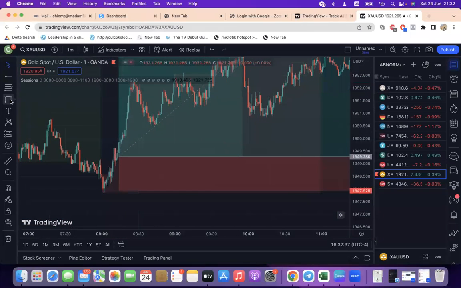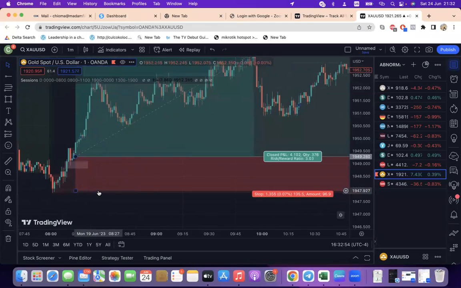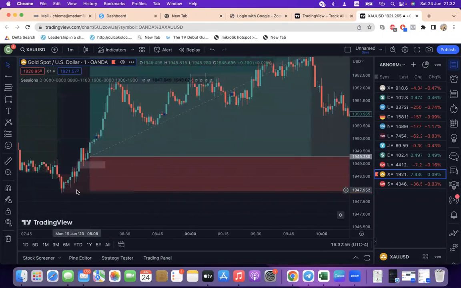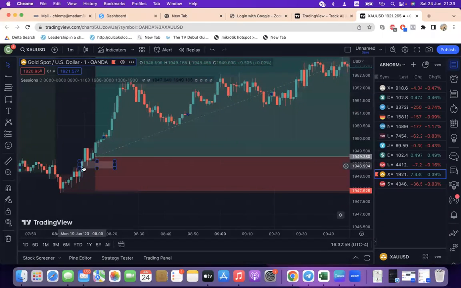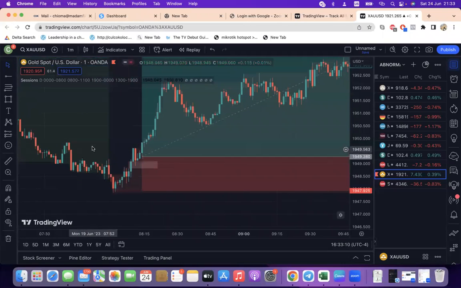If you look closely, you will see the top of this candle and that one. There was even an entry here. Look at that entry. This was the gap. Then the wick of this candle came, filled the gap, and it moved. Look at that. This is an example of a gap, the space between this candle and that candle. Then it came back, filled the gap, and moved. So that is an example of a gap.